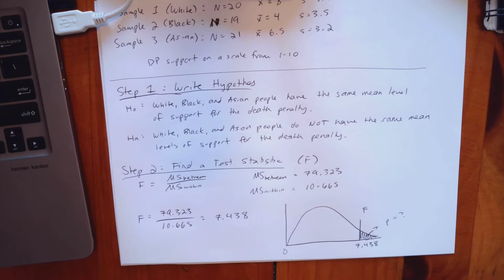If it's pretty likely you would see an F statistic this large or larger, given that all groups had the same true mean levels of support in the population, well, we'll say we don't have any evidence that that's not the case, because this would be pretty likely according to our standards.